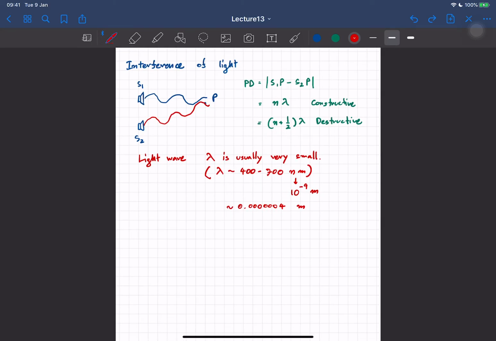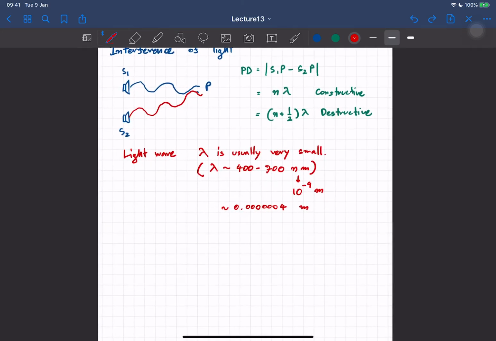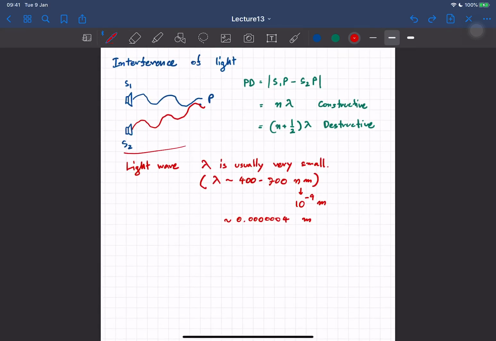So because the wavelength is very small, most of the time when we talk about the interference of light, the two light sources, light speaker, that's a really good term to use, right? But a light source or a speaker for light, if you will, they have to be very close to each other for the interference effect to be detectable, visible to normal measurement.